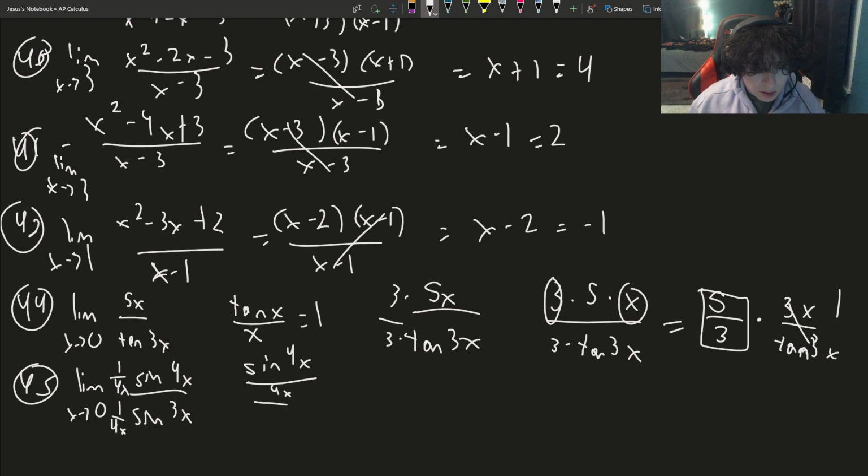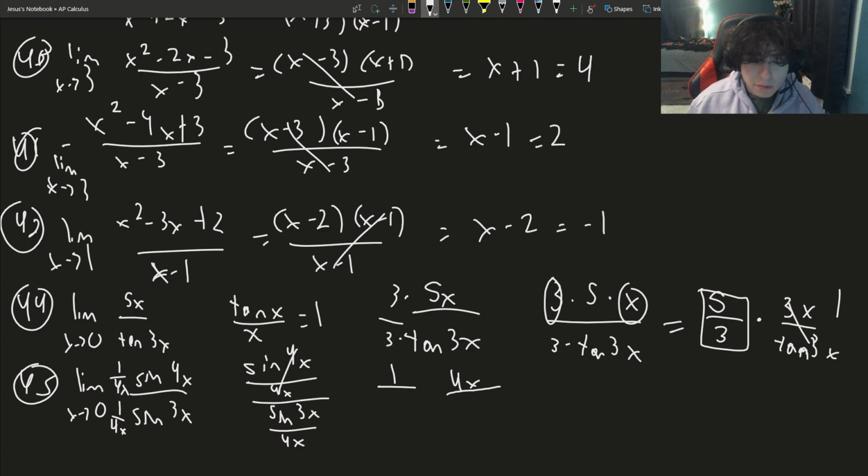Should be sine 4x over 4x over sine of 3x over 4x. You know, that would turn into 1 right here. And then on this bottom one, you would have 4x. Okay, this just cancels. So you would have 4x over.